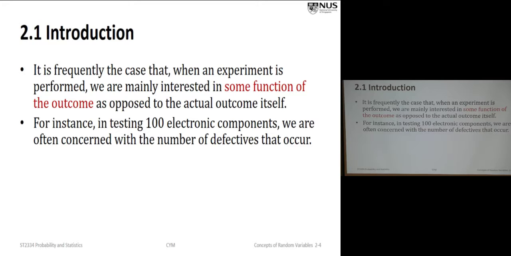Or maybe a number between 0 and 100. Of course, we also like to know the chance related to each of these numbers. What's the chance that there are no defectives out of these 100? Or what's the chance that 50 out of these 100 components are defectives? So we want to know about this probability.